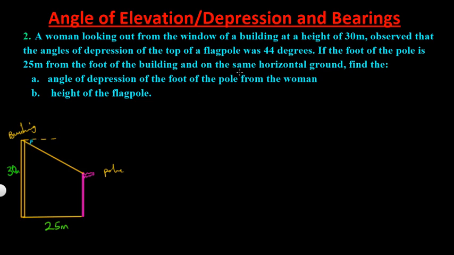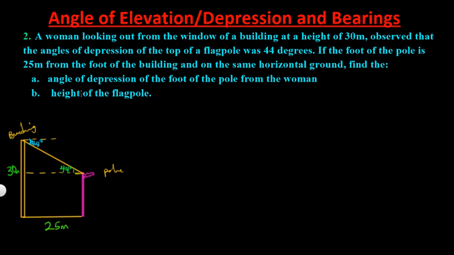So this is 44 degrees. And this can be said to be an alternate angle into this part. The alternate angle here will also be 44 degrees, using the knowledge of alternate angles.